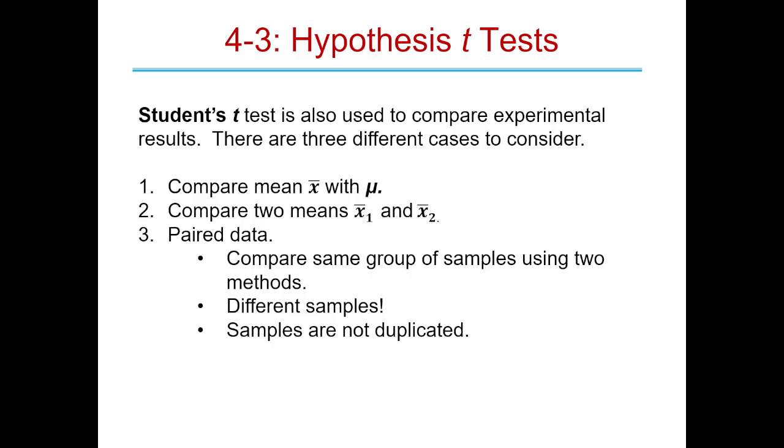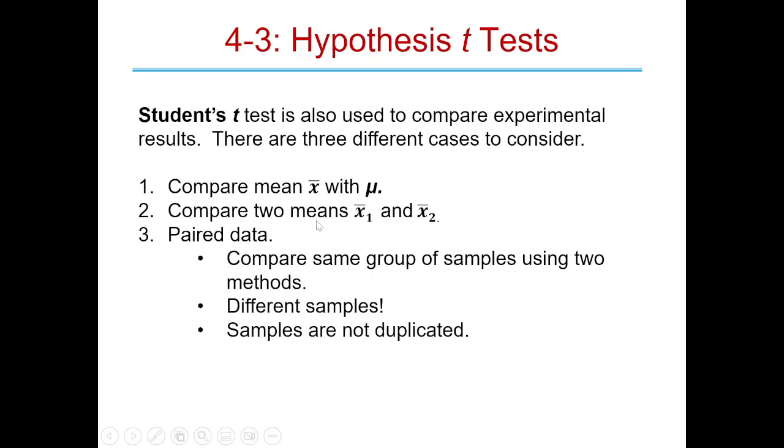So the first case is that we compare a mean value with an accepted value. This is actually the true mean, right? But when we say true mean, please understand that usually means a literature value or accepted value, a value that's widely accepted.